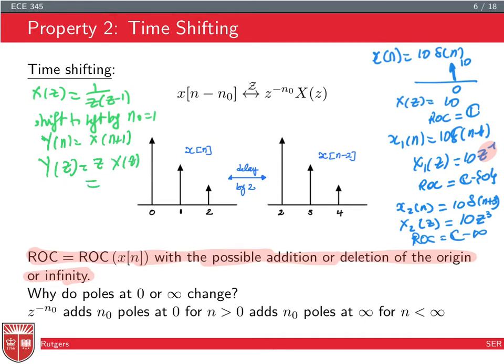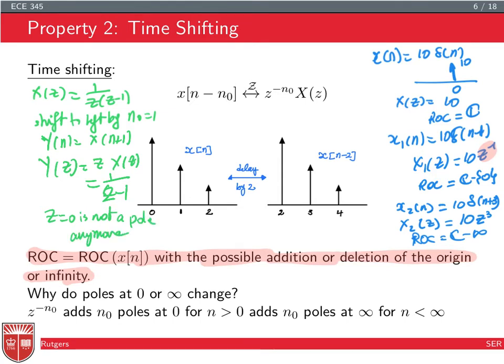And here you're going to get 1 over z plus 1. So what does that mean? This means that the ROC of y is the same as the ROC of x, but z equal to 0 is not a pole anymore.